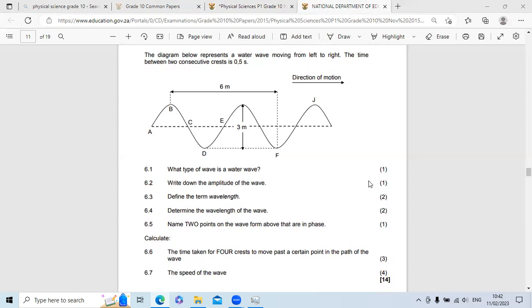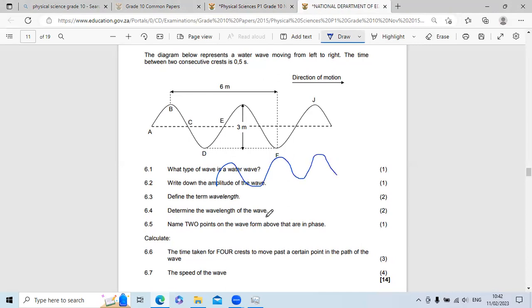We're only gonna be dealing with two types of waves: the transverse wave and the longitudinal wave. So when you look at a wave like this, is it a transverse wave or a longitudinal wave? Longitudinal. So I'm gonna show you this. A transverse wave is something that's gonna go something like this.